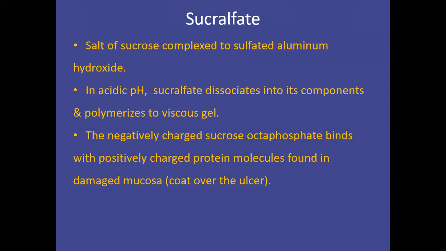It has nothing to do with HCl secretion, but by being there as a polymer on the surface of the ulcer, it gives some time for the ulcer to heal spontaneously through natural mechanisms, and it removes the noxious stimuli from the HCl.